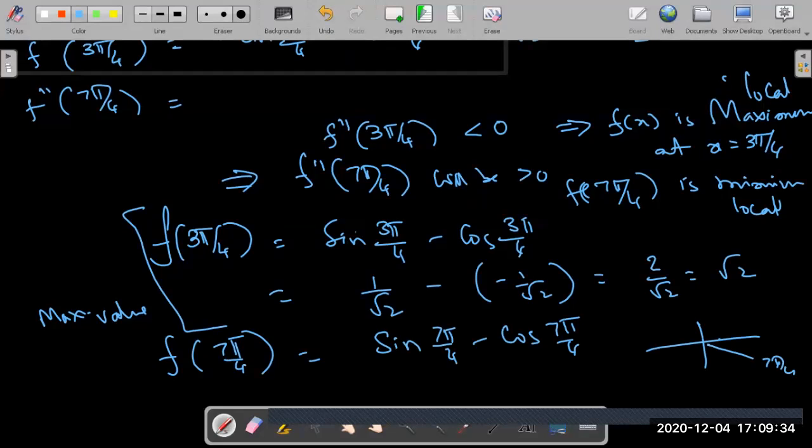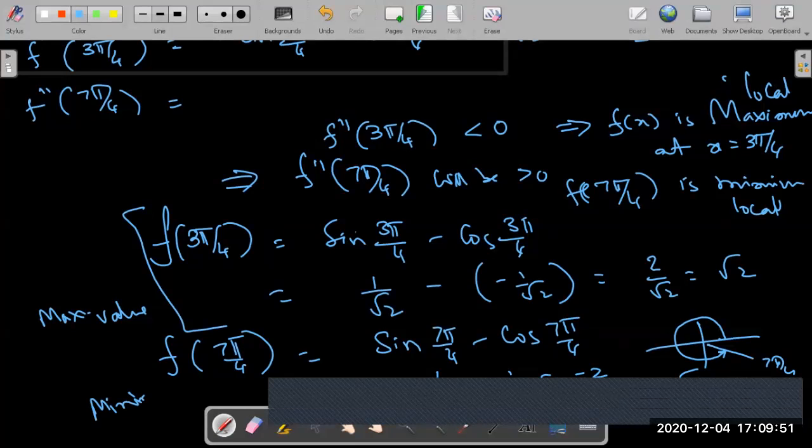So if it's 8 pi by 4, you'll have 2 pi. So this is the 7 pi by 4. So sin 7 pi by 4 is negative, minus 1 by root 2. Cos is positive, that's minus 1 by root 2. So minus 2 by root 2. So minus root 2. So the minimum value is this. This is the minimum. And that's the maximum value.